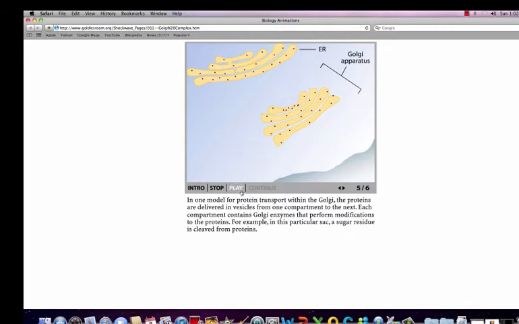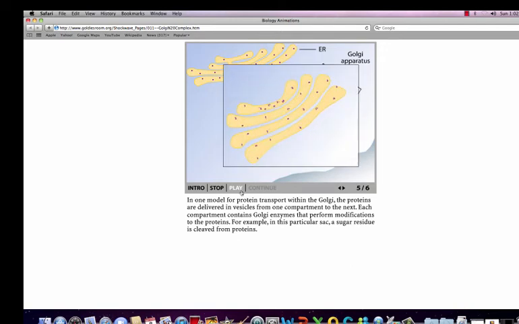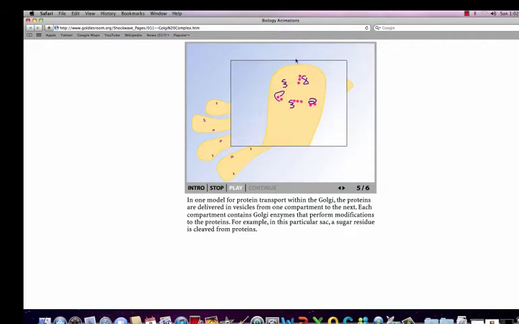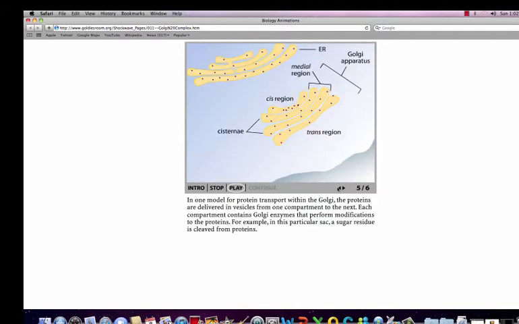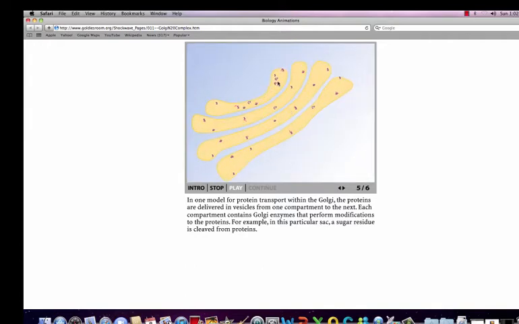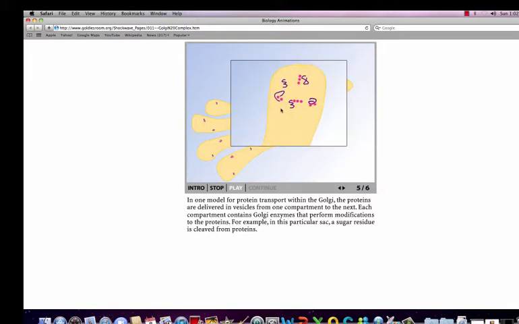So what you're seeing now is the Golgi being highlighted. And notice that the proteins that are here, they bud off, and then they fuse into that medial region of the Golgi. Okay? Let's go back and review that again. So notice how we're highlighting the Golgi, and now these proteins, they're budding off, being transported, and they now become part of the medial region of the Golgi.